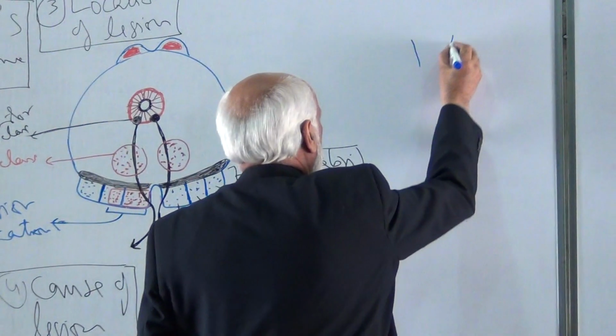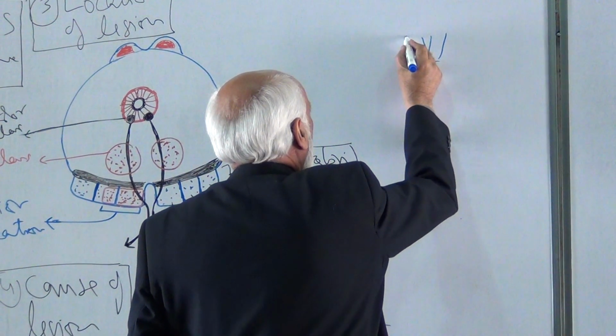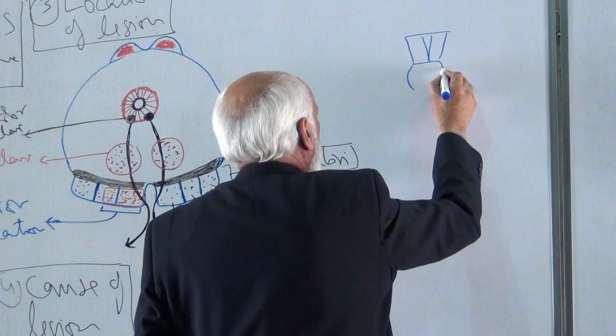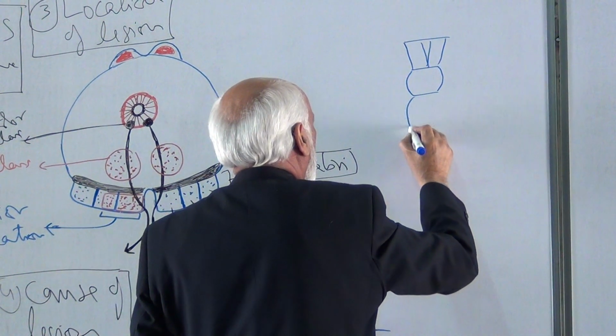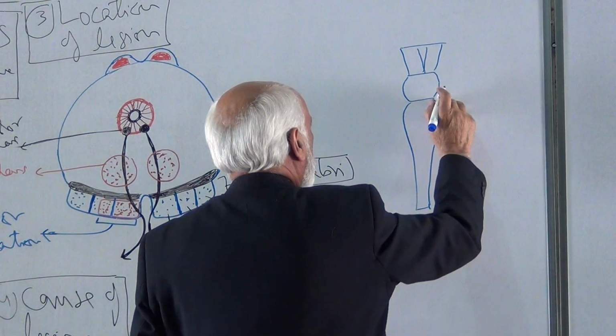For example, this is the front view of the midbrain. Pons, medulla oblongata, which continues as the spinal cord.